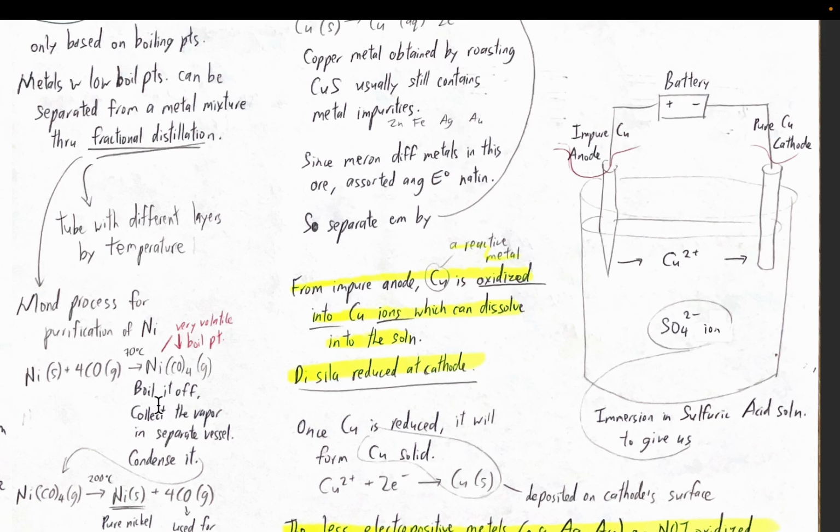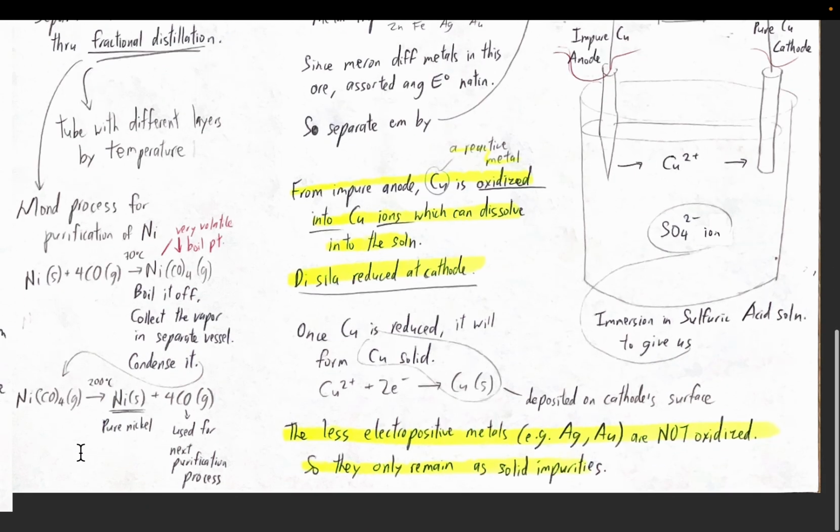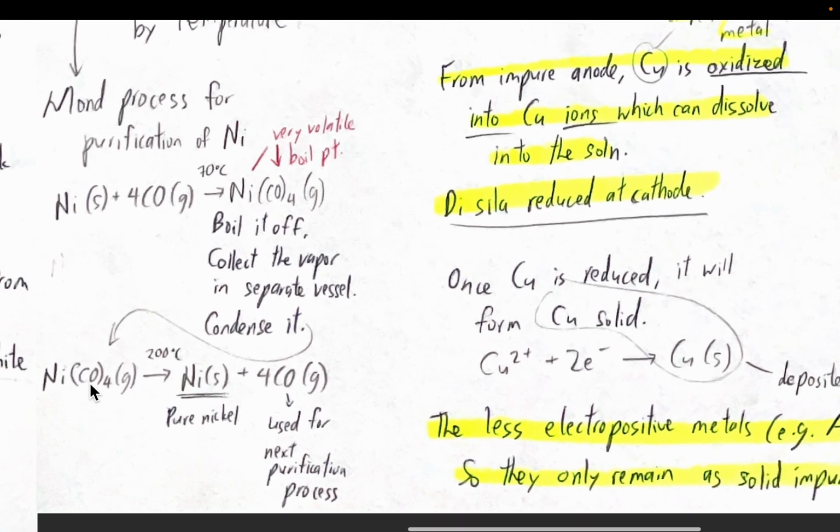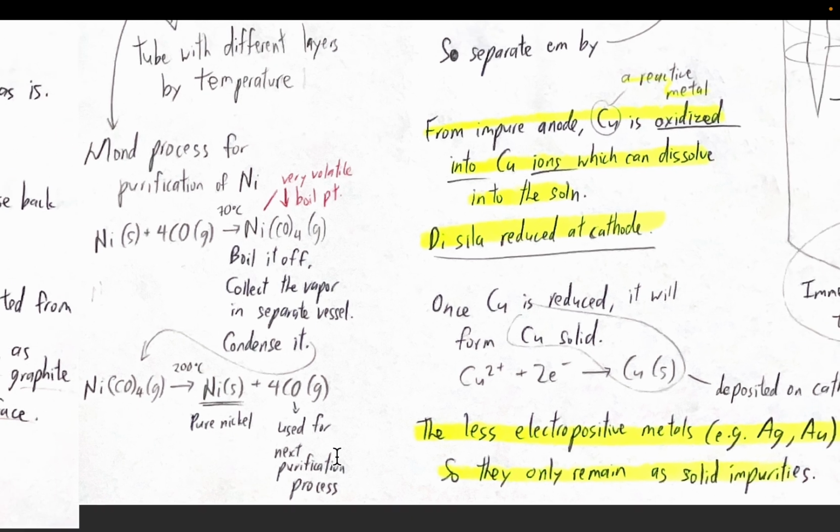You boil it off, collect the vapor in a separate vessel, and then you condense. Upon heating to around 200 degrees Celsius, you have pure nickel. You can say that there's a cycle, because after producing pure nickel, you also produce the carbon monoxide that was used earlier.